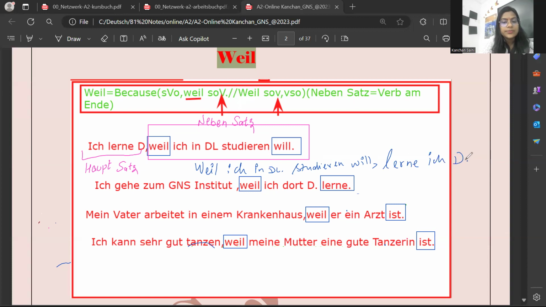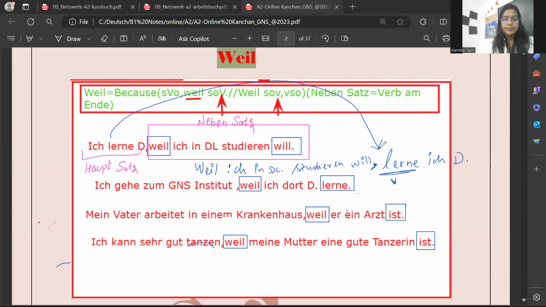I learn German. So in such a structure, wherever we have the Nebensatz first, before the comma, then the Hauptsatz after the comma will begin with the verb.